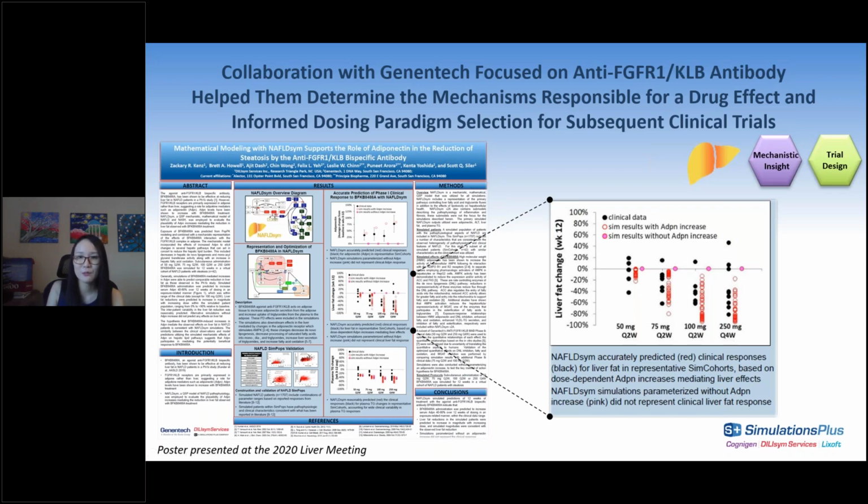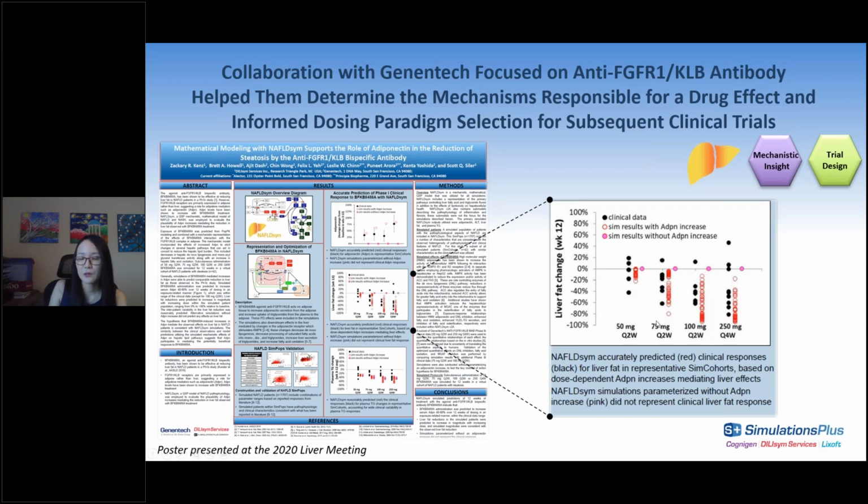So it was proposed that adiponectin released from adipose could have played a role as a mediator. QSP modeling was employed to determine if adiponectin was a key player in the observed efficacy in liver fat reduction. This FGF receptor 1 pathway, including adiponectin, was represented in NAFLD-Sim.